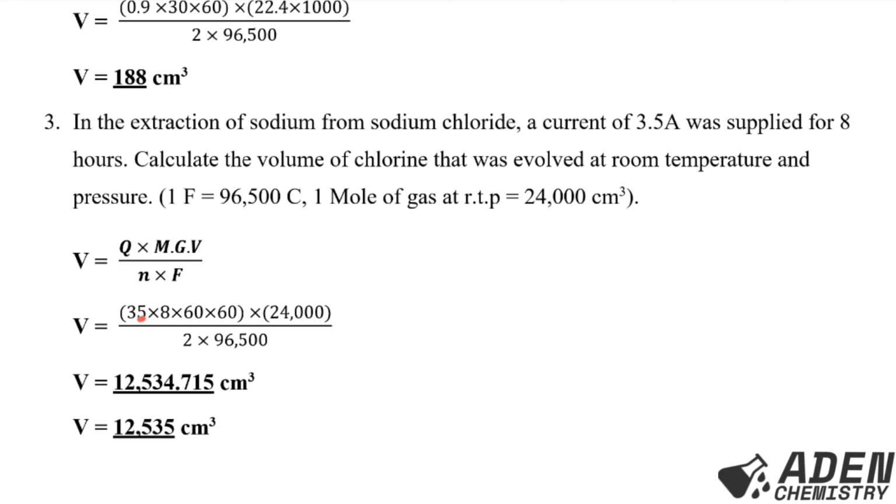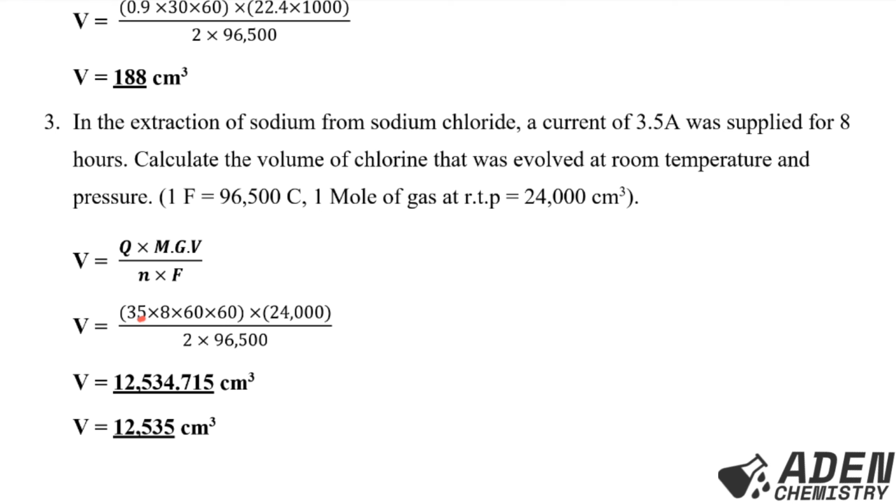So we have to convert it into seconds. So we multiply by 60 to convert it into minutes, and we multiply another 60 so that we convert it into seconds, multiplied by the MGV, the molar gas volume, which is given as 24,000 centimeter cube, divided by n, that is the number of Faradays. Remember, we are talking about chlorine.